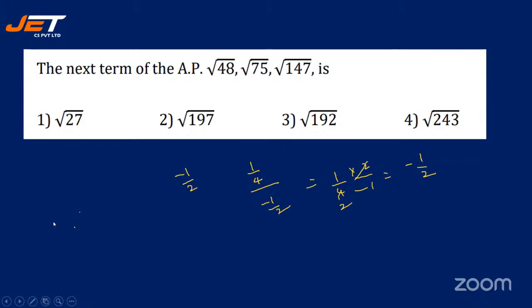The next term of the AP is dash. Just quickly try it by yourself. Root 48, root 75, root 147. You can take 1 minute, not more than that, and quickly give me your answers.